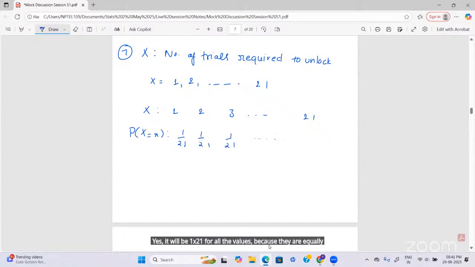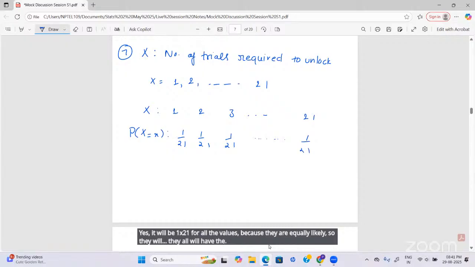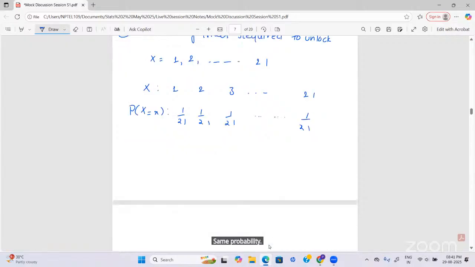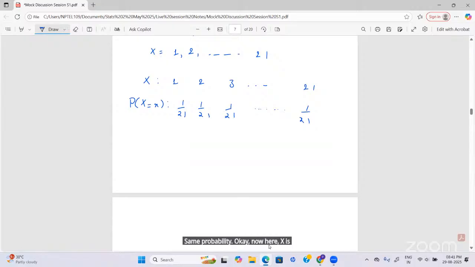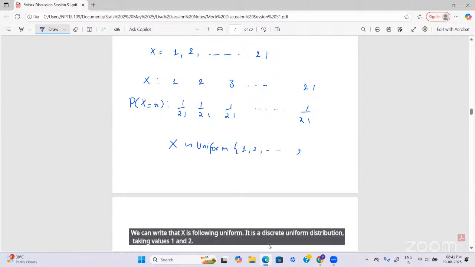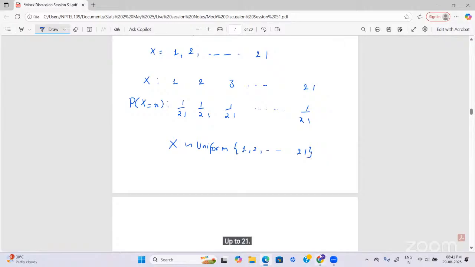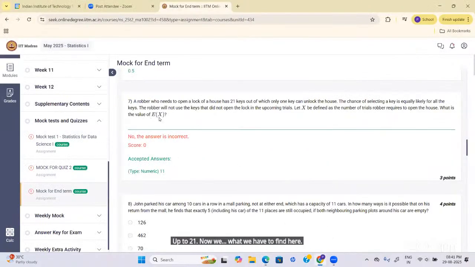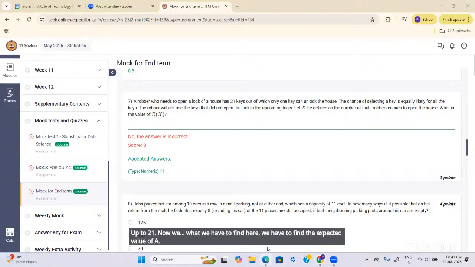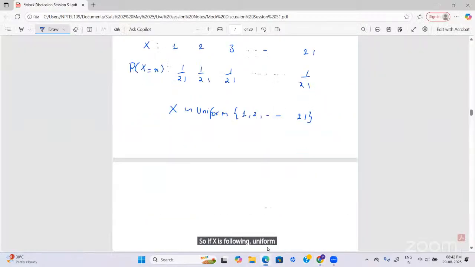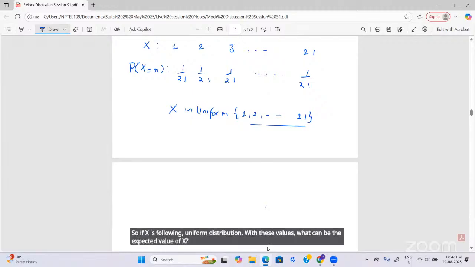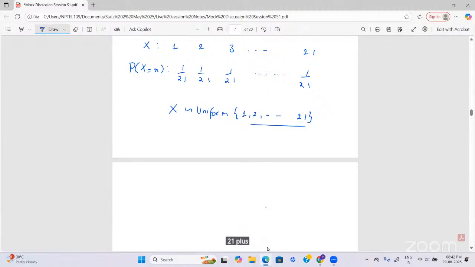Now X is following a discrete uniform distribution taking values 1, 2 up to 21. What we have to find here is the expected value of X. If X follows a uniform distribution with these values, the expected value of X is 21 plus 1 by 2.